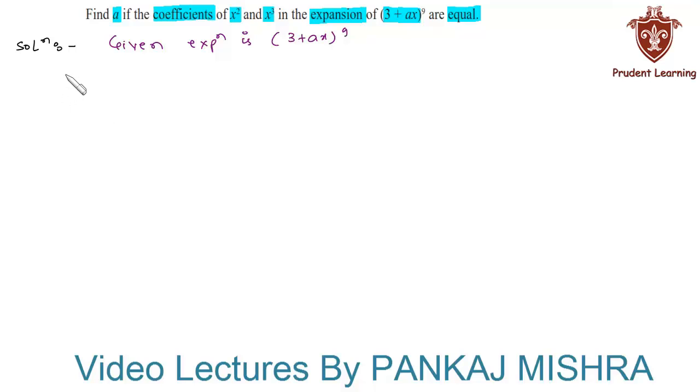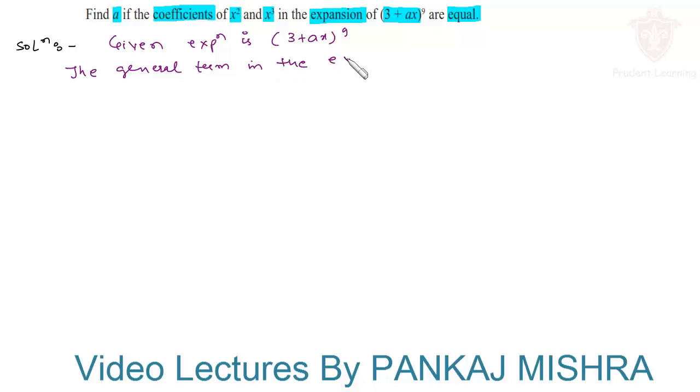Well, we know that the general term, or the (r+1)th term, in the expansion of (a + b) whole raised to n is given by T(r+1) = nCr into a raised to n minus r into b raised to r.